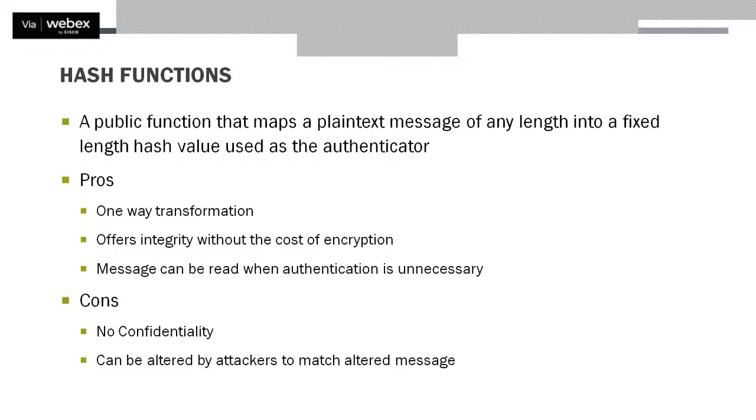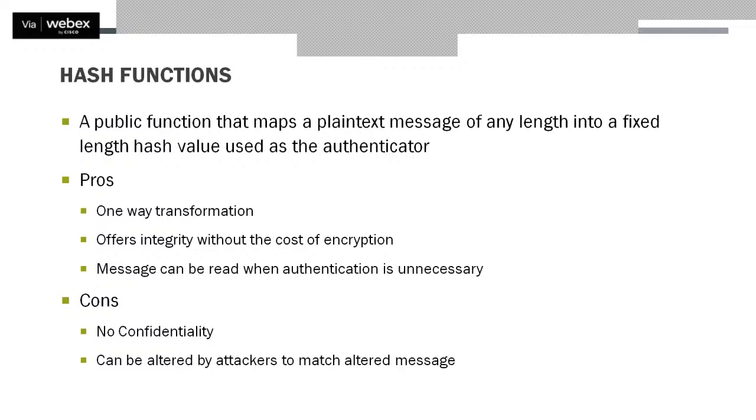Okay, so the pros and cons of these hash functions: the first is the one-way transformation. If we know the hash value of a particular message, we cannot generate the message out of the hash value. We are only able to generate the hash value. So that's why it is called a one-way function, one-way transformation. Okay, basically hash functions offer integrity without the cost of encryption.